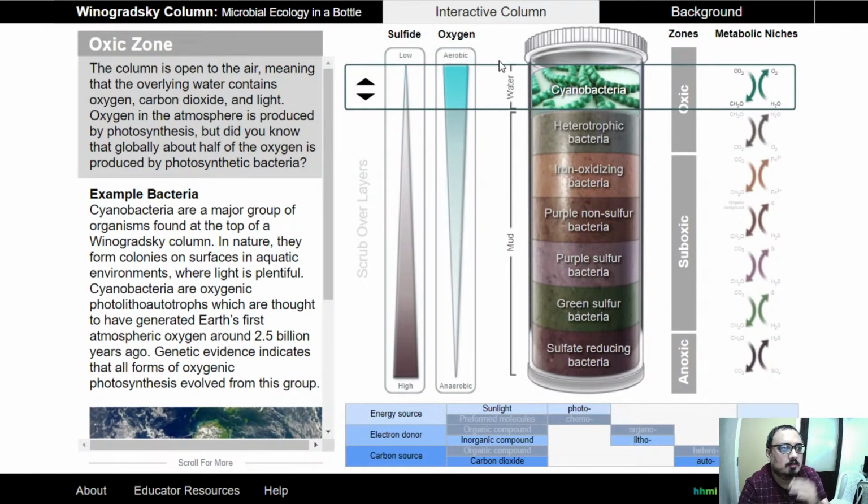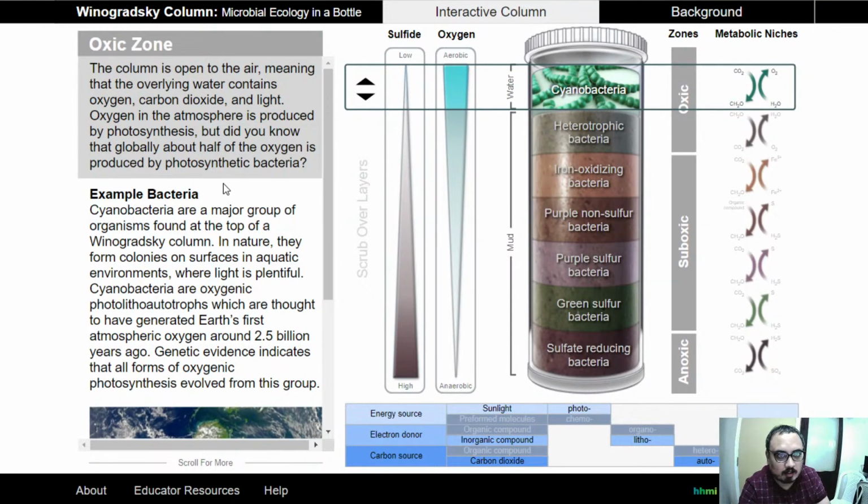As you all know, the Winogradsky column helps us study microbial ecology in a particular bottle or a cylinder.